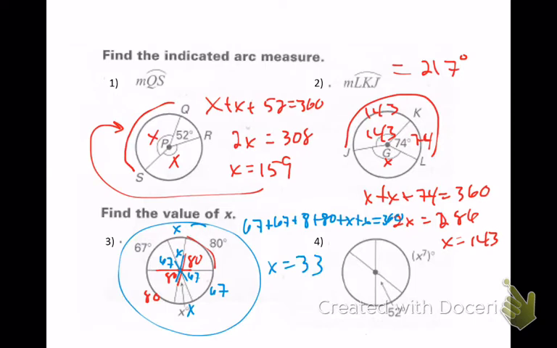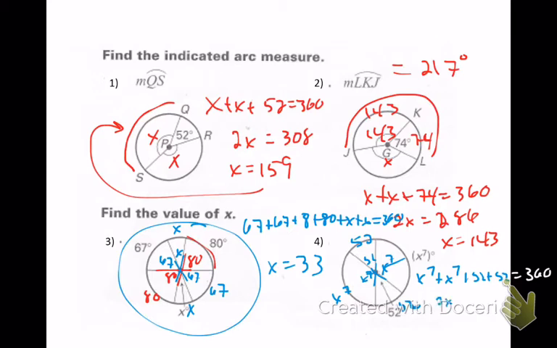Okay? And we can kind of apply the same principle here for number 4. This arc is going to be 52 because the central angle is 52 because these guys are vertical angles. And so this arc is 52. Now this angle is going to be x to the 7th, which means this is x to the 7th. So again, if we add x to the 7th plus x to the 7th plus 52 plus 52, that's going to have to equal 360. You have to remember how to solve using x to the 7th, which is tough.